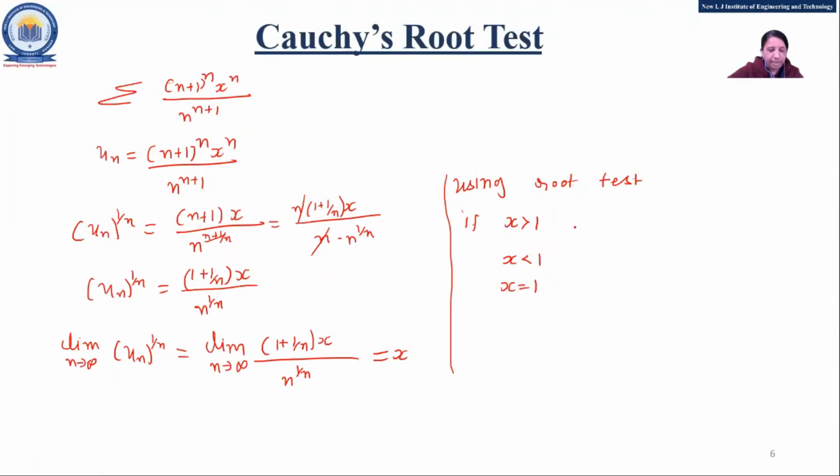If x is greater than 1, your series will be divergent. If it is less than 1, your series is convergent. We can't say anything about x equal to 1. So how are we supposed to solve it? For x equal to 1, the test fails.